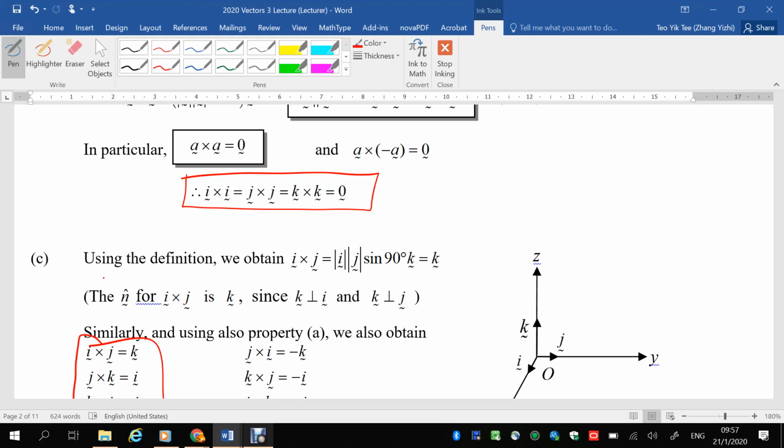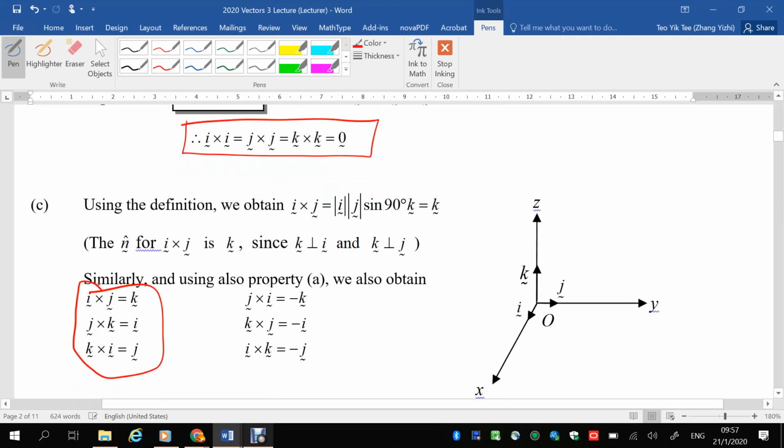So if you make a certain assumption, stick to a certain convention, and make sure that convention sticks for the entire question. This is not a hard and fast rule that i cross j must equal k. Not necessarily. It depends on your convention. Follow? The important thing is, remember that i cross j is not equal to j cross i.